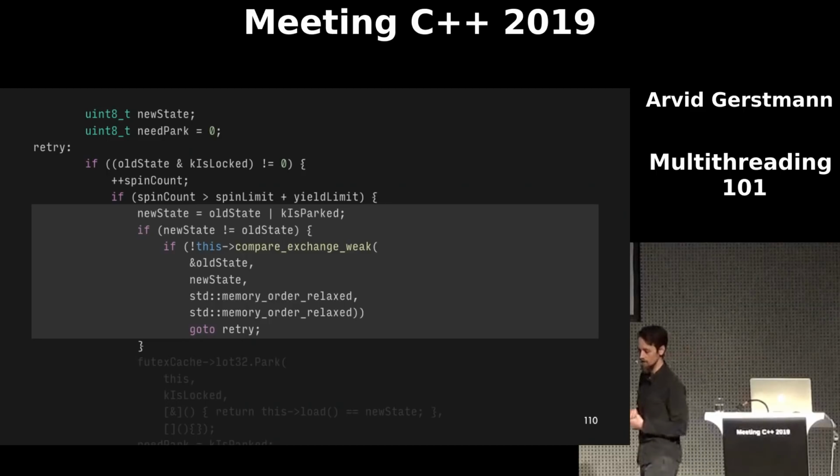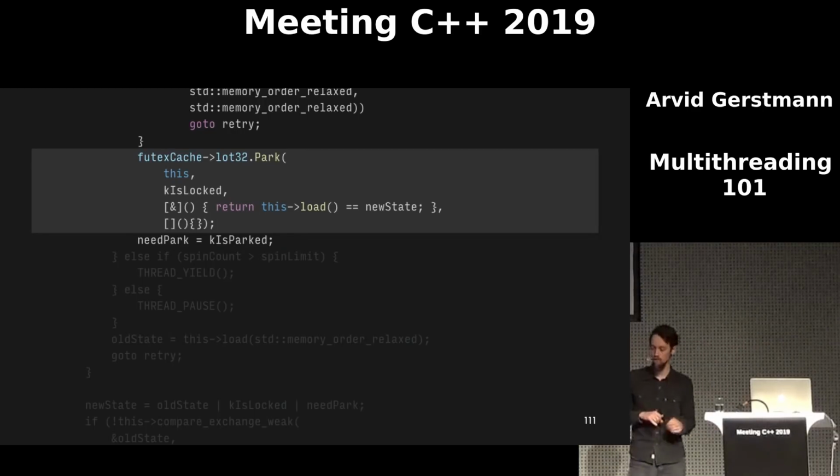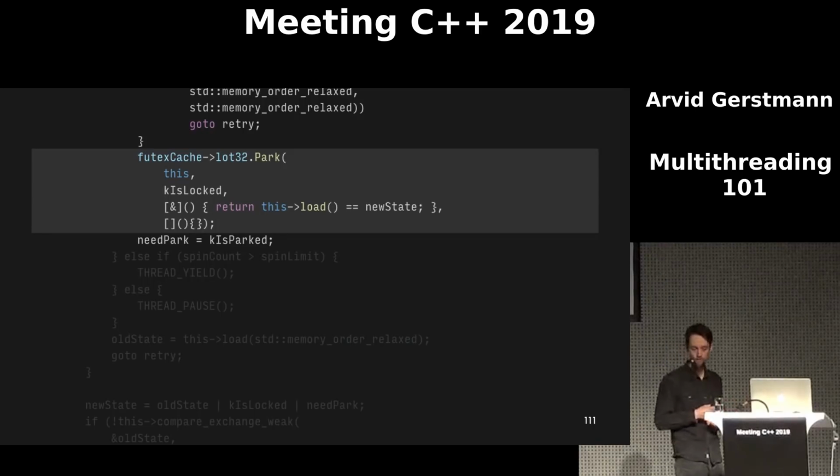If it has already been added, we're going to retry, because the lock may have been unlocked in the meanwhile. If we actually successfully change the atomic, we can park the thread. This again is a blocking call. It is setting the futex atomic to KS locked, and we'll park the thread.